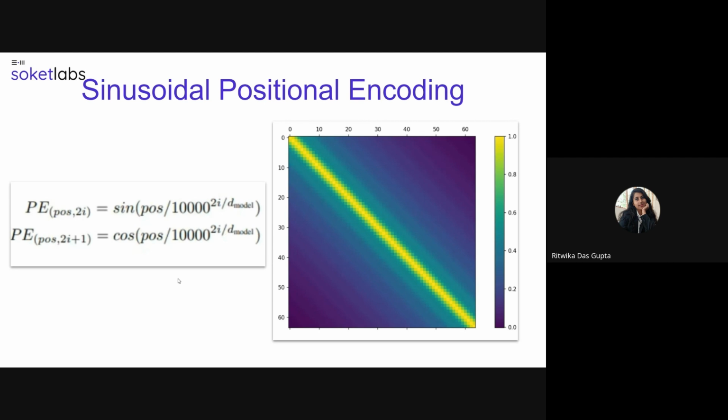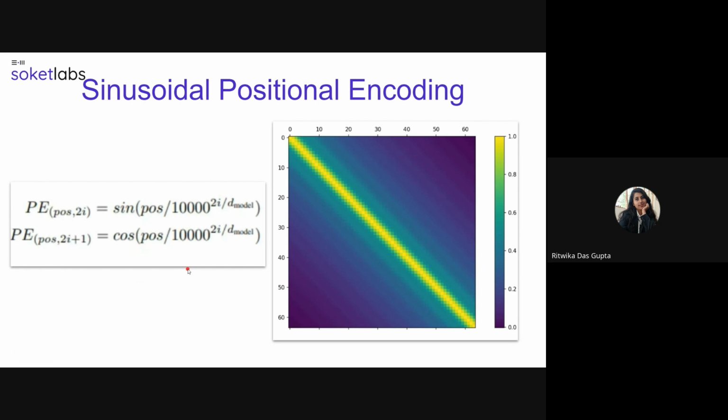The sine and cos functions are chosen because they are cyclic in nature, and it allows us to retain the information about the position of a token in a way that is easy for the model to learn. The position encoding is calculated using geometric progression frequencies, where the frequencies of sine and cos functions increase exponentially as the position in the sequence increases.